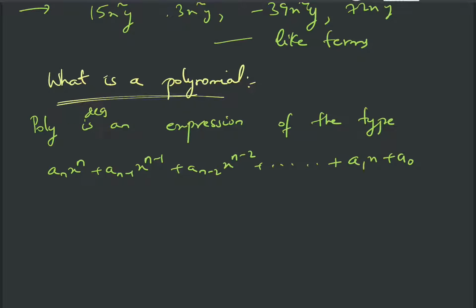The first condition is that an is not equal to 0, not a0, an is not equal to 0. And the second condition is that n is a natural number.